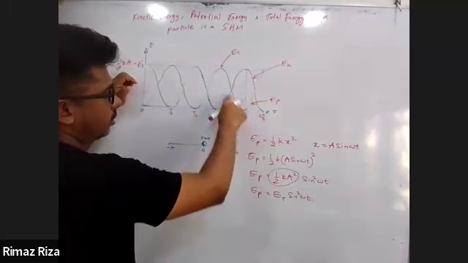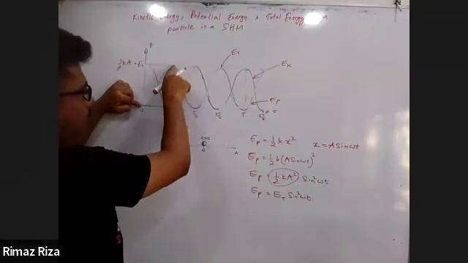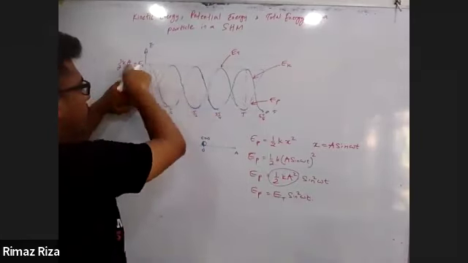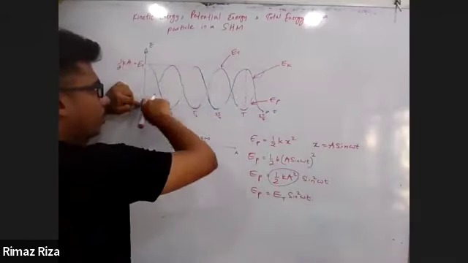Now this is the potential energy. So here in this graph the maximum value is E total, and from that you have a square of sine graph.